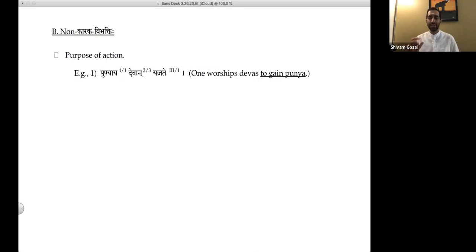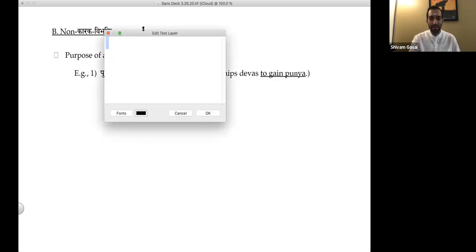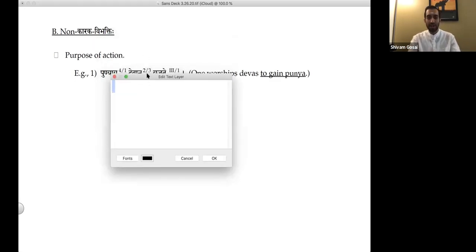Now, when you're translating the fourth case in the sense of purpose, you can even write for the purpose of. Okay, so let's add that. We can write that down there. So we can even translate this as for the purpose of.